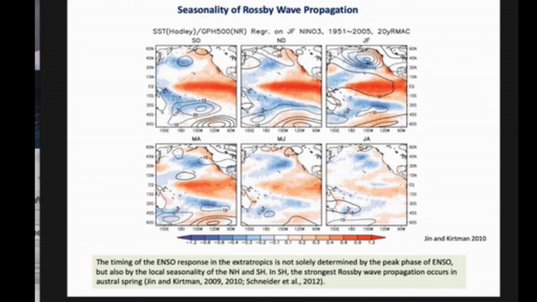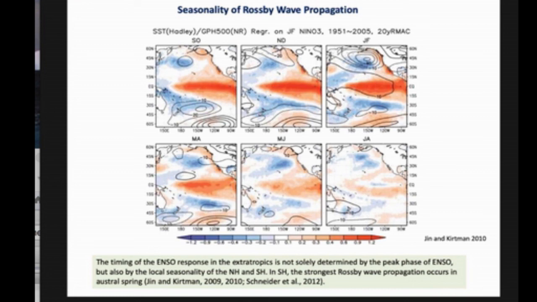This figure, from a study done by Gina Kirkman in 2010, illustrates how the seasonal differences in response generate Rossby waves. They break it down into 2-month averages, 6 panels through the year, and you can see when the Rossby wave counters its pressure. This Rossby wave comes in September, October, Austral spring. Before the El Nino becomes mature, they already start, right?